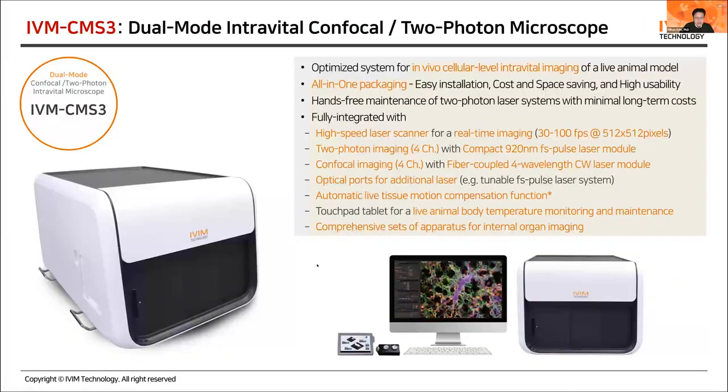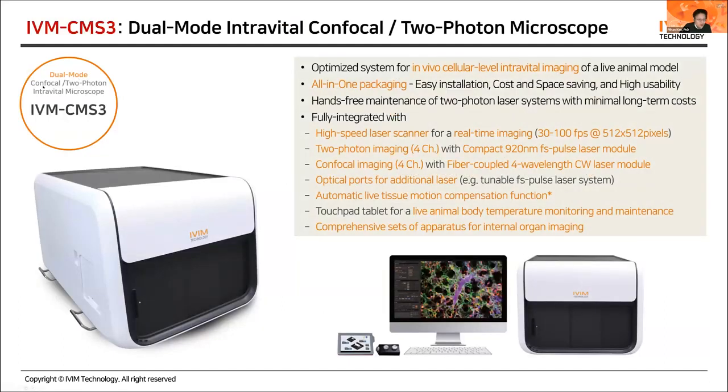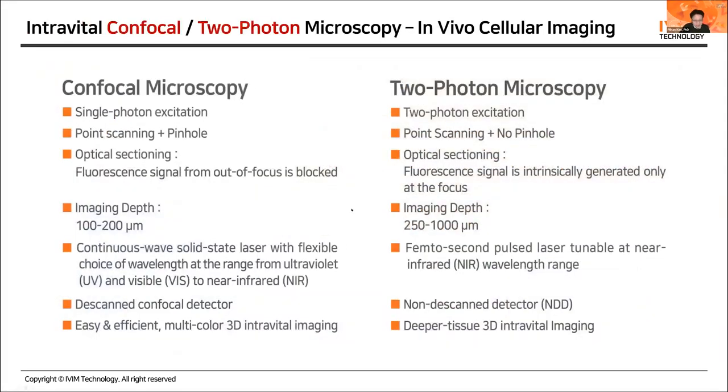Okay, so I told you this is a dual mode system with confocal and two-photon imaging capability. When you compare confocal and two-photon imaging, there are several differences. Confocal microscopy uses single photon excitation, and its typical imaging depth differs across organs and tissues, but is typically in the range of 100 micrometers.